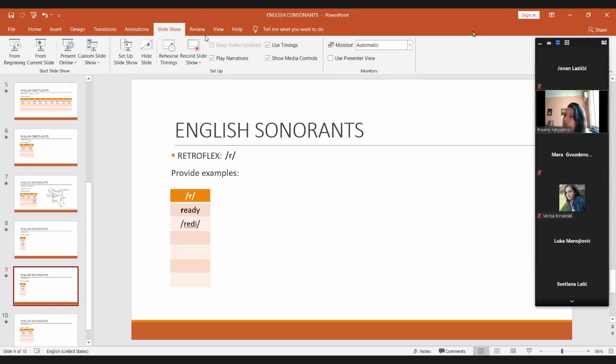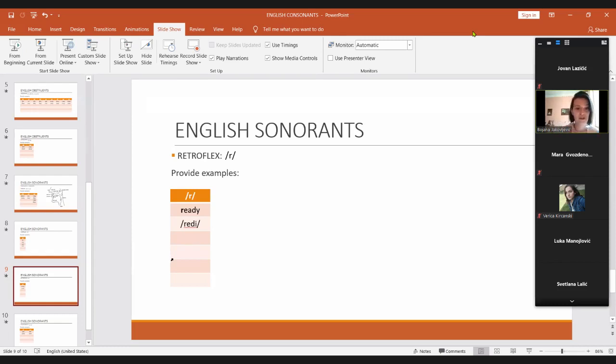Okay, so in American you produce both R sounds, brother, right? And in British it's brother. So in which position of the word do we not pronounce R then? That's the end. That's right. So at the end, or in final position in the word.